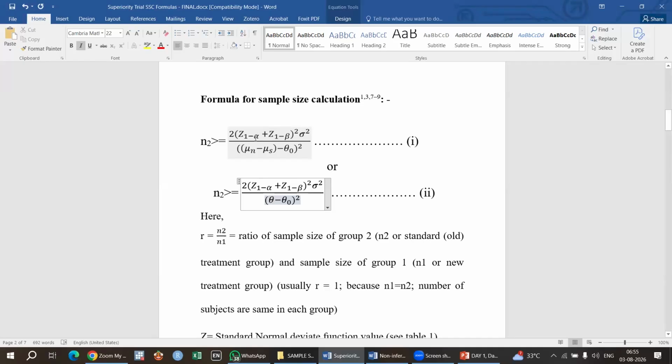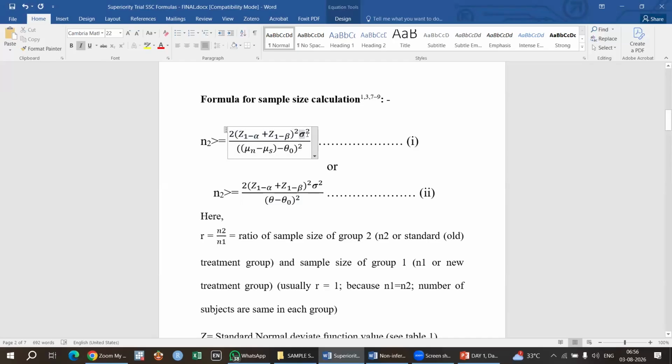Earlier it was Z1 minus alpha by 2 when we were comparing a two-group randomized control trial, not a superiority trial. Then there is Z1 minus alpha by 2. But here it is Z1 minus alpha. It is single-sided, okay, one-sided. Then this is sigma square.